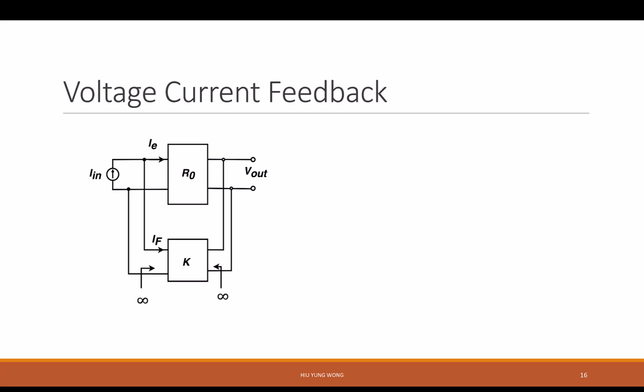The first one is the input to the feedback amplifier, and this is the output from the feedback amplifier, right? So that's why this is called that kind of feedback.